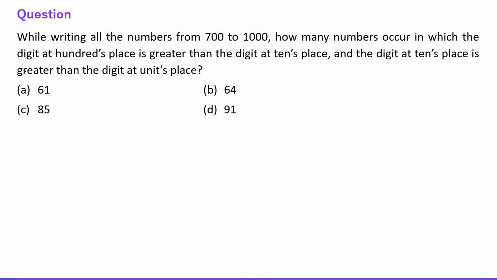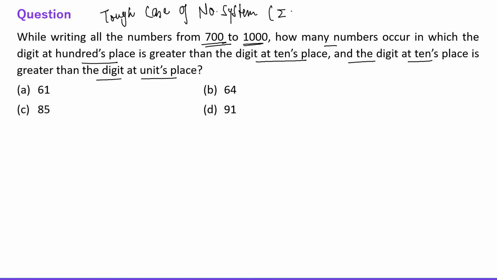Next question is, while writing all the numbers from 700 to 1000, how many numbers occur in which the digit at the hundreds place is greater than the digit at the tens place, and the digit at the tens place is greater than the digit at the units place? Okay, friends, this is again a tough case of number system.